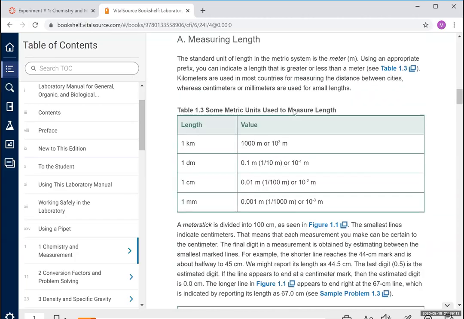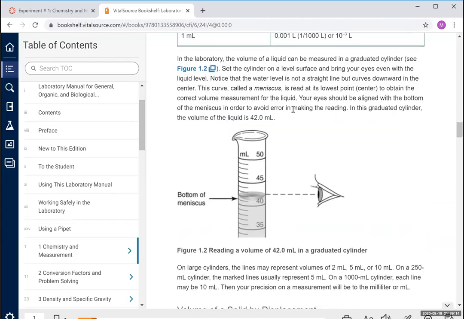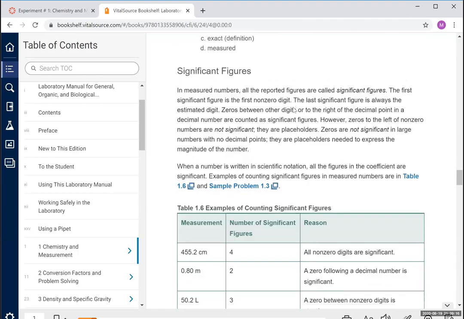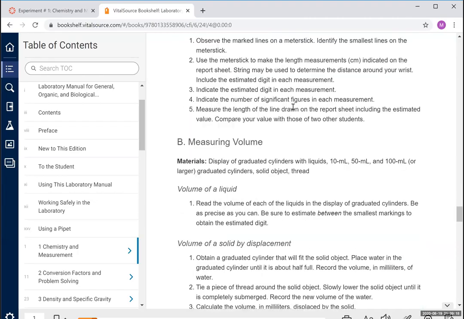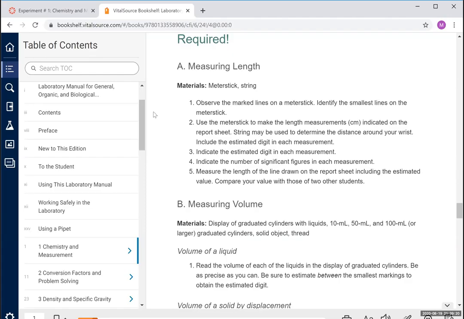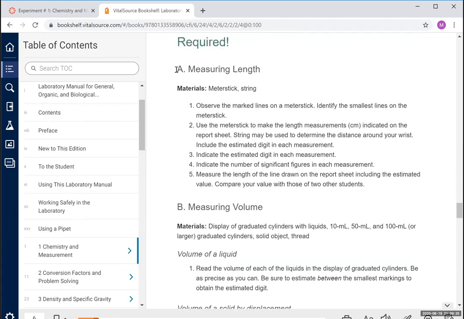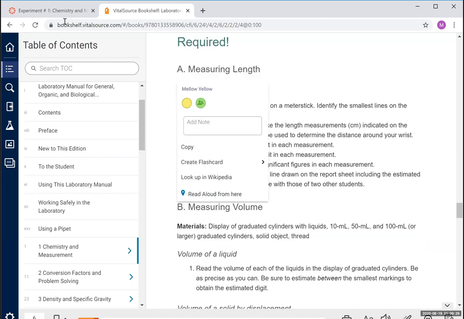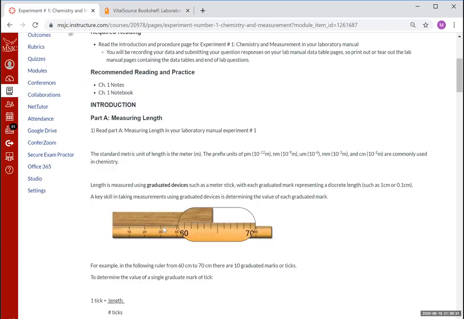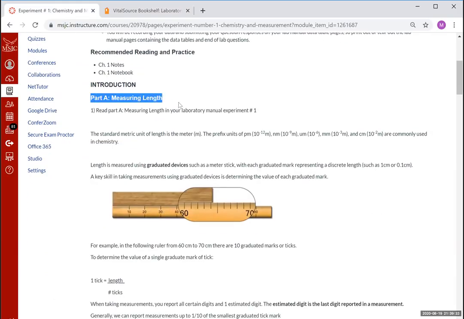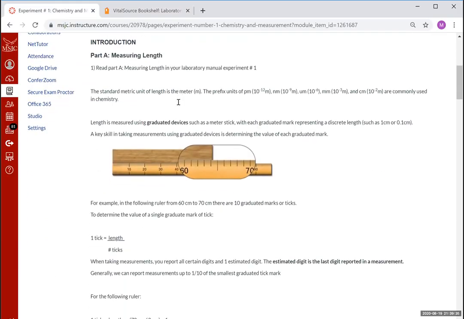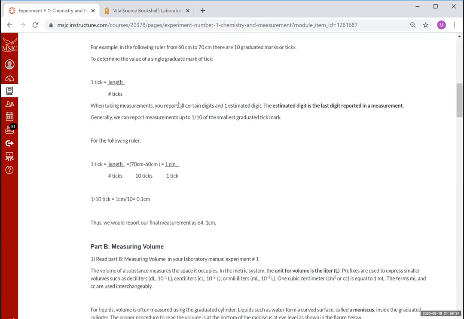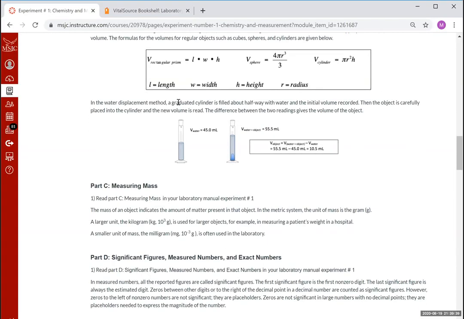The lab manual has a nice, wonderful introduction section, and you're going to be asked to take a series of measurements. For each of the parts, like measuring length and measuring volume, I have provided you an introduction with the exact same name. I would read the introduction for each section.